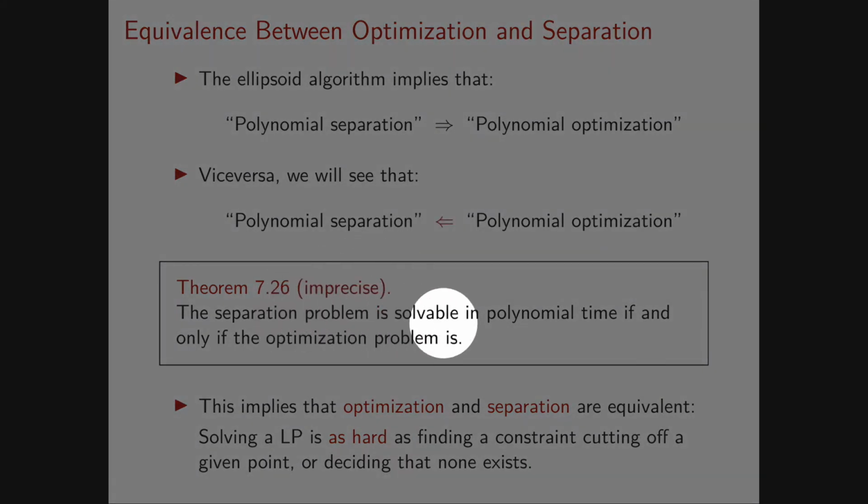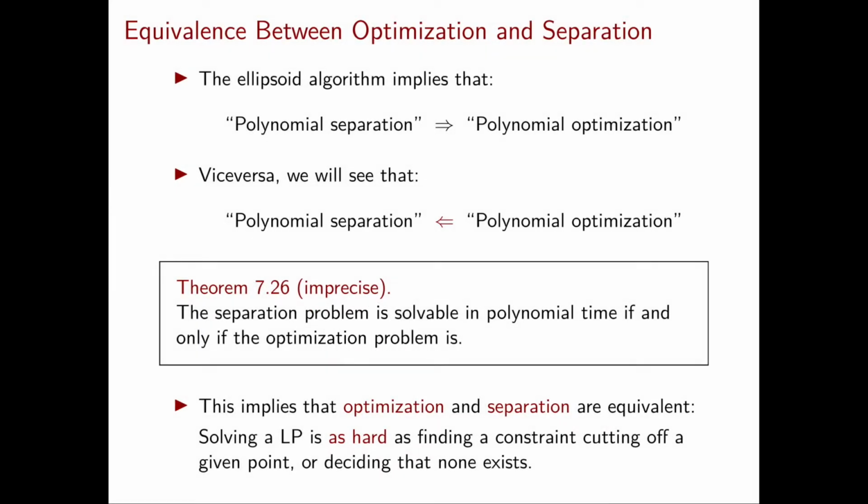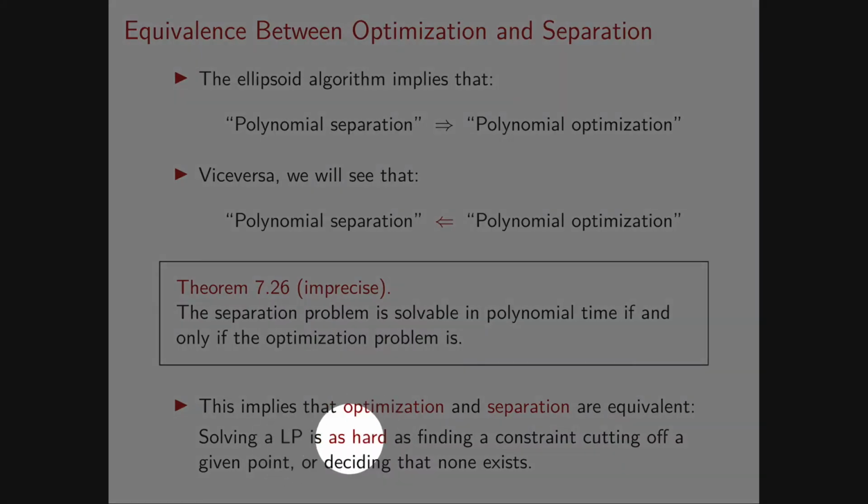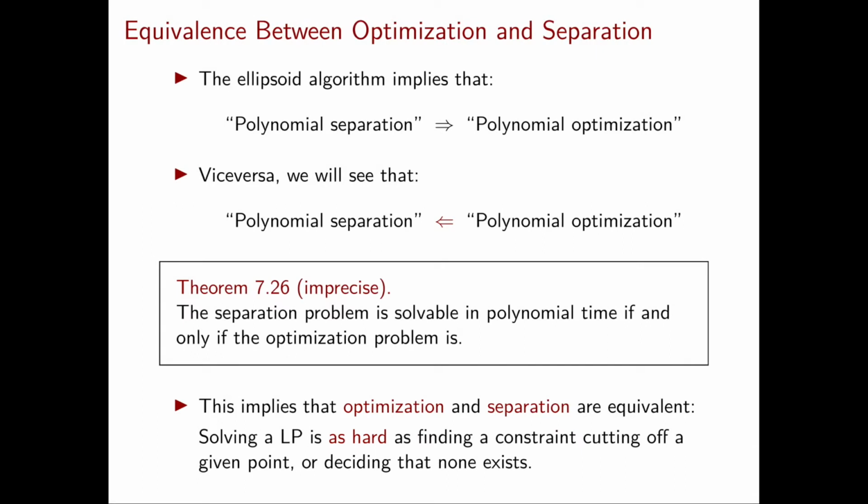The separation problem is solvable in polynomial time if and only if the optimization problem is. And even more informally, this means that solving a linear programming problem is just as hard as finding a constraint cutting off a given point or deciding that this given point is in the polyhedron.